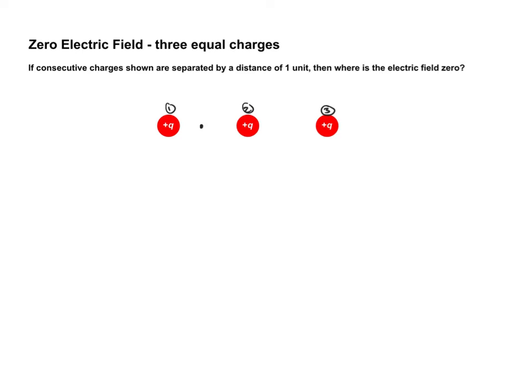So I know the distances between consecutive charges is 1 unit. So what I'll do is I'll call the distance from charge 1 to my point, I'll call that x. So then the distance from my point P to charge 2 will be 1 minus x.